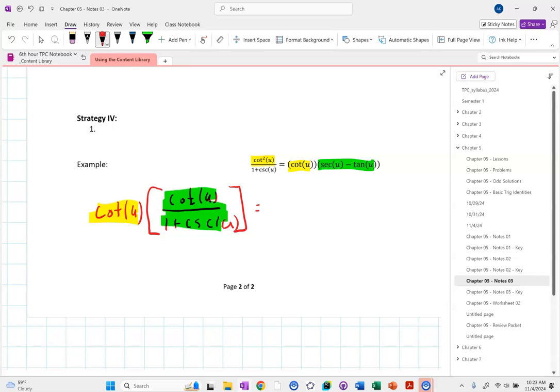What should we do first? So if you want to rewrite everything in terms of sines and cosines, I think that's a reasonable idea. So you could use Q2 and R5 or whatever. I think that's reasonable. I don't know that there's another one that I would try to do there.